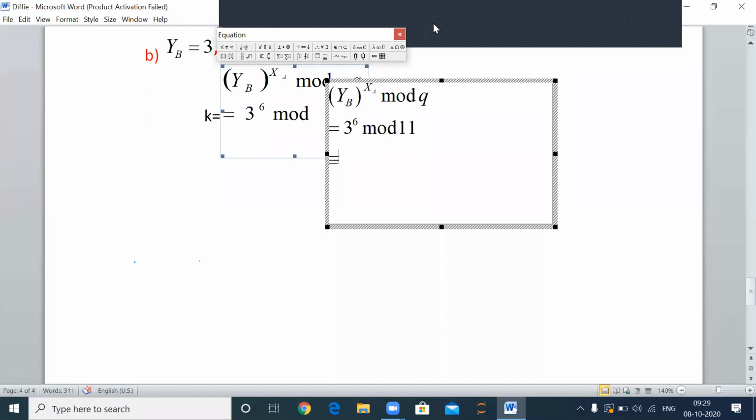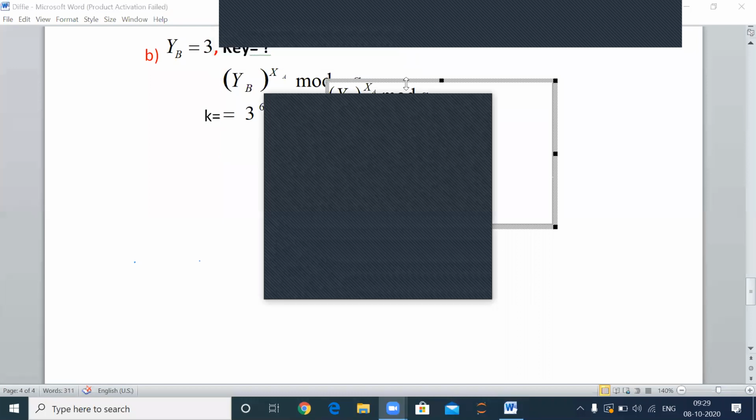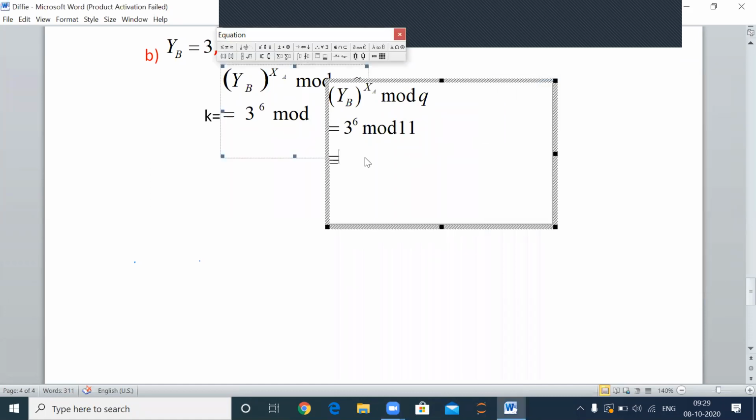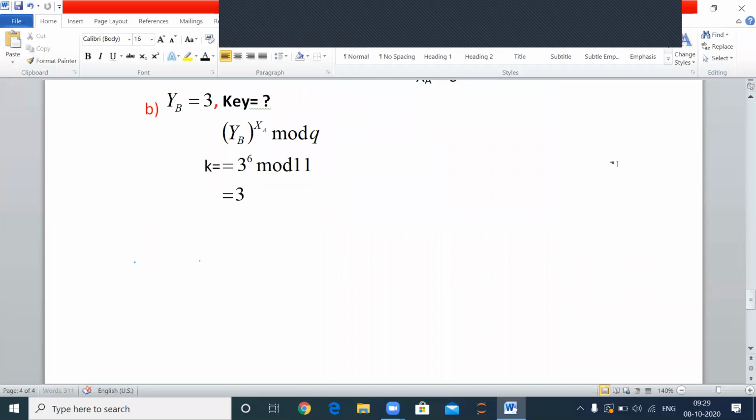Those who know it, raise your hand. Calculate the remainder. Yes, Lokesh, tell me. 3, sir. Right. 3. This is the way to calculate the shared secret key.